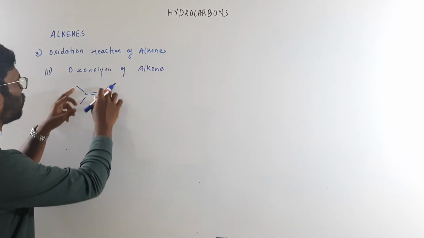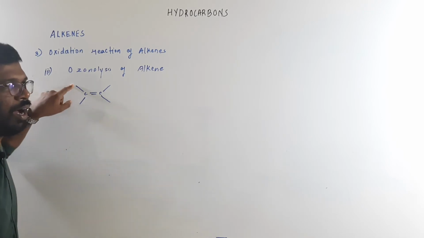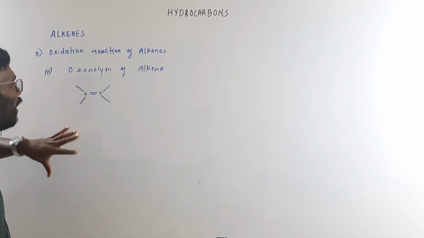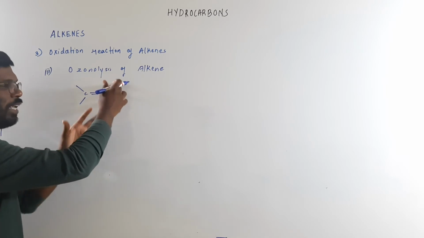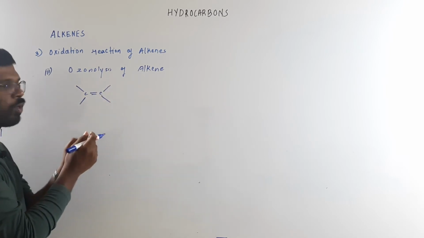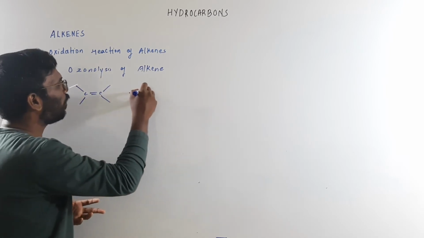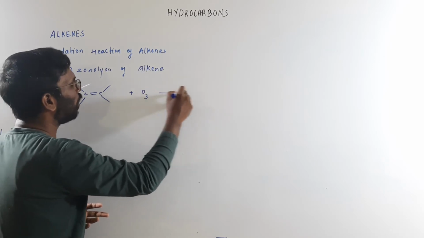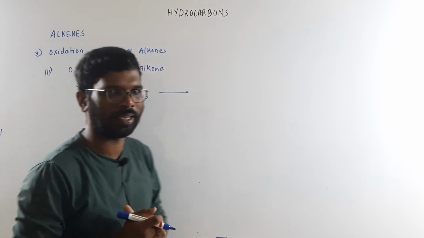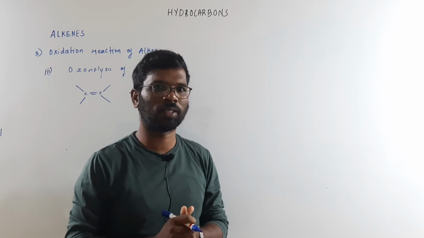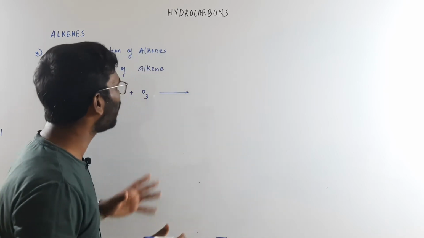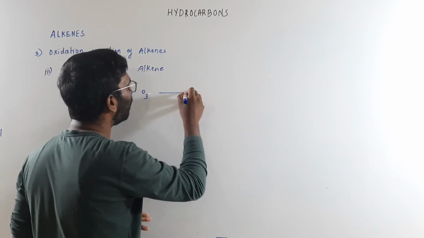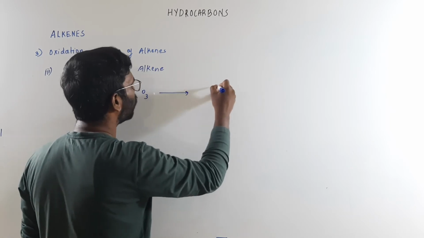Like these groups could be any group. This could be an R group like methyl, ethyl, propyl, anything could be connected to it. Also same way for this also. Okay, if this is the alkene and if we are adding ozone in the presence of inert solvents like CHCl3 or CCl4, we get a very unstable intermediate that is called ozonide.